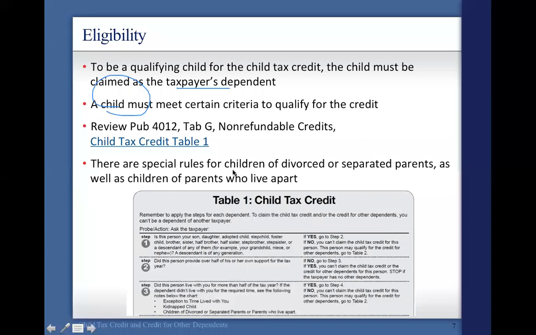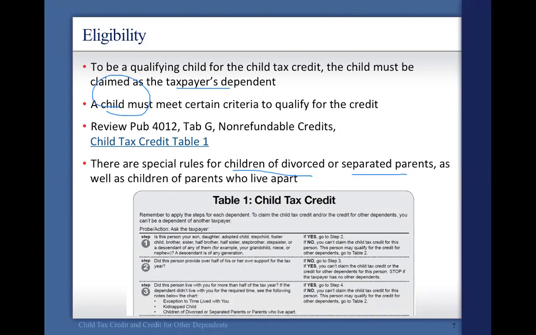There are special rules for divorced or separated parents as well as for parents that live apart. And I'd like to point you in the direction of that in your textbook as well. So if you're on page G3, at the very bottom, in the right-hand column, you notice that there is a section, it's pretty small print actually, it's a small section there, children of divorced or separated parents.